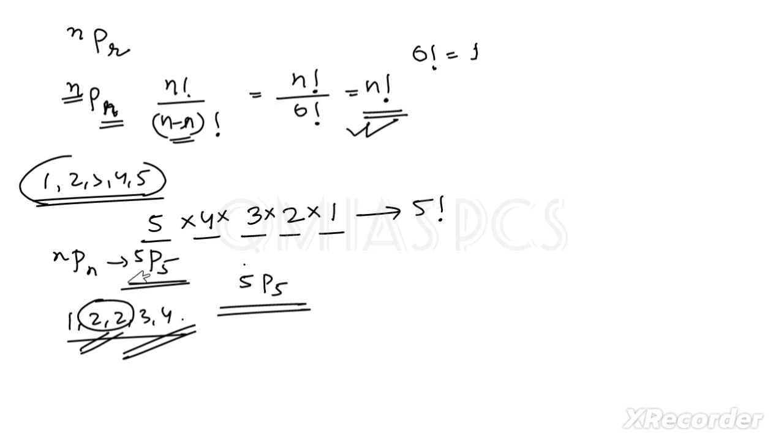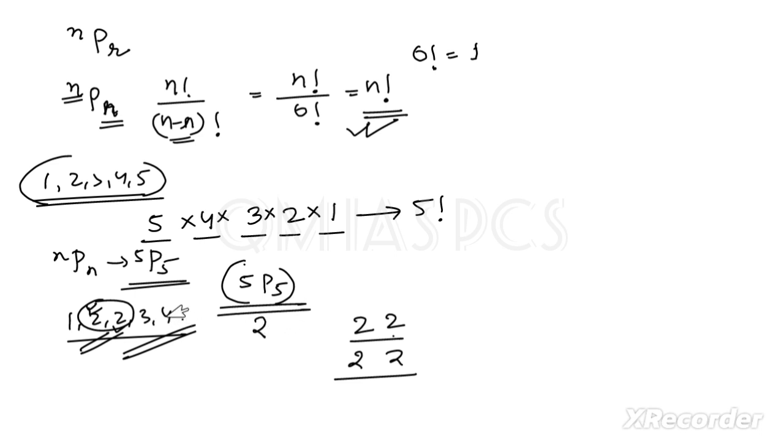Repetition means that if I write this 2 first and this 2 second, or this 2 in the second place and the other one in the first place, there is no difference. In that case both numbers are the same, so we have to divide the permutation value by 2.